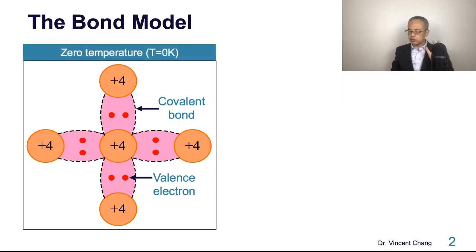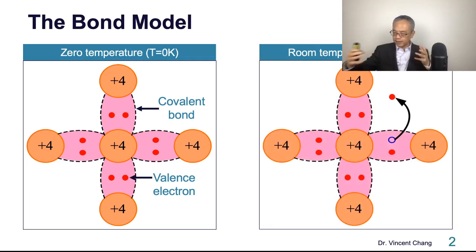At absolute zero temperature, all the valence bands are occupied, so there is no conduction ability and the material functions as an insulator. But at higher temperature, such as room temperature, because of lattice vibration, some of the covalent bonds are broken, generating electron-hole pairs.